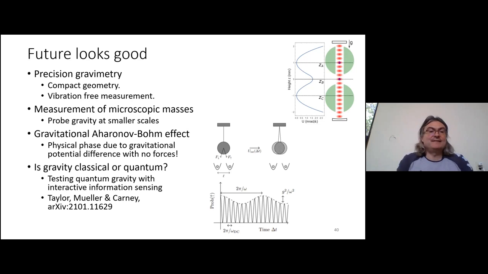If that's the case, then I can use it to entangle. I have an atom that's in a superposition of being in two places, and I can entangle that state with the state of a classical harmonic oscillator close by using gravity.